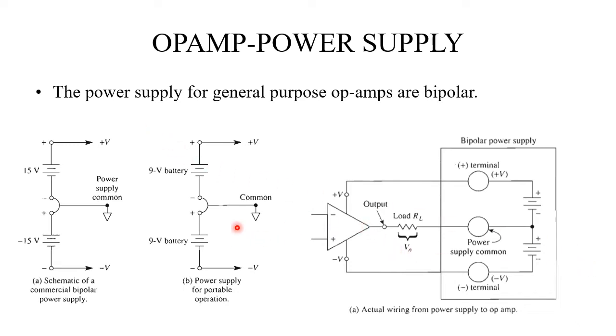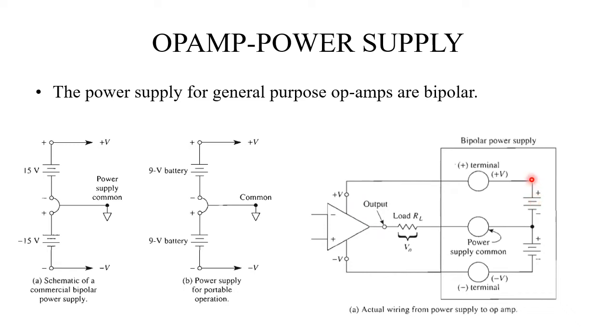If it is 15 volts, then you have to connect like this. If it is 9 volts, you can use this same connection, only the value is different. And there is also a 12-volt power supply. This is the symbol and it is connected like this.